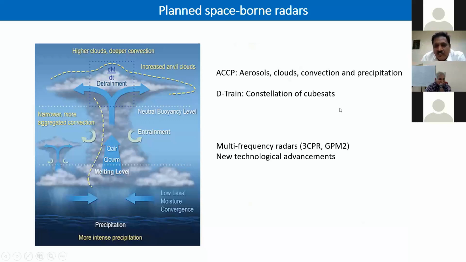So instead of sending only one radar, they are now thinking of sending several multi-frequency radars. In fact, they have plans to send 3 cloud profiling radars, one Ku, one Ka, and one W band. And Japan is also planning to have a GPM 2. So several radars are being planned in the future.